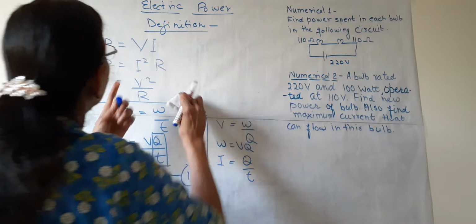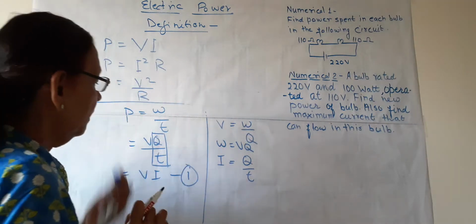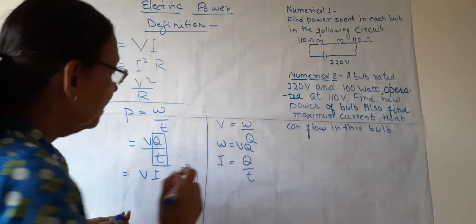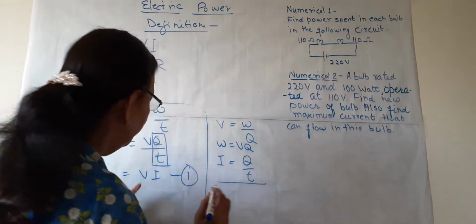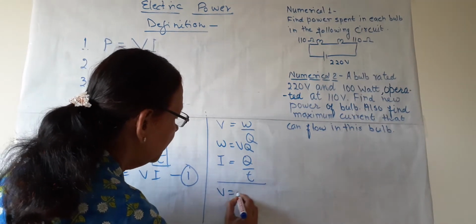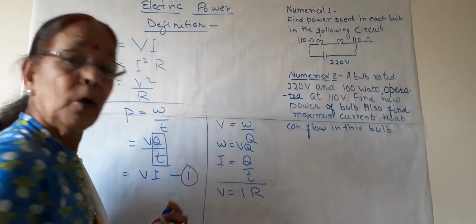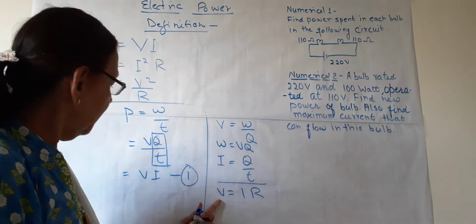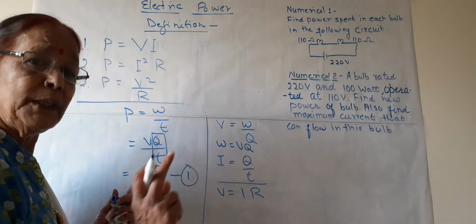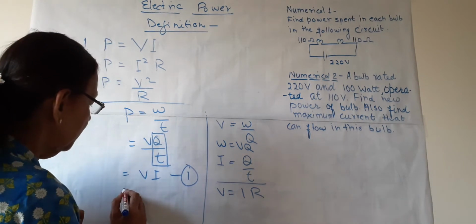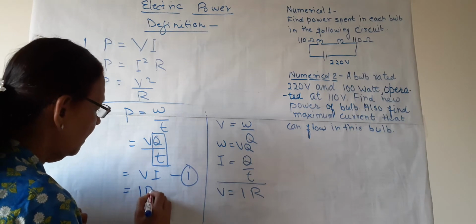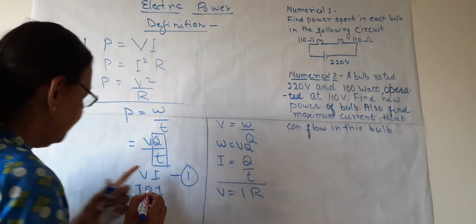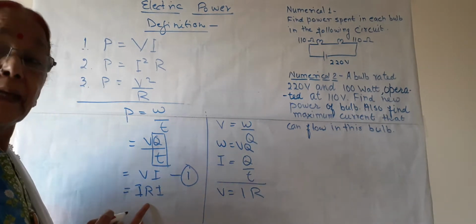Now about the second formula, I am writing on the top here. How can the second formula, that is I square R, be derived from the first? By Ohm's law, we know V is equal to IR. All of you know current into resistance is equal to PD. So this V can be replaced by IR. This I stays as it is, and instead of V, we write IR.